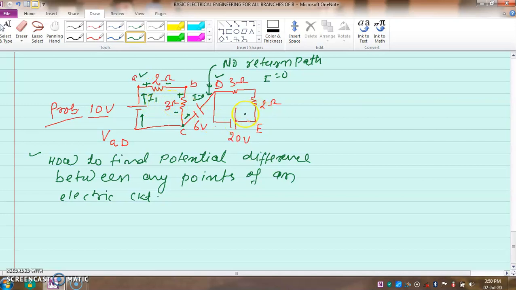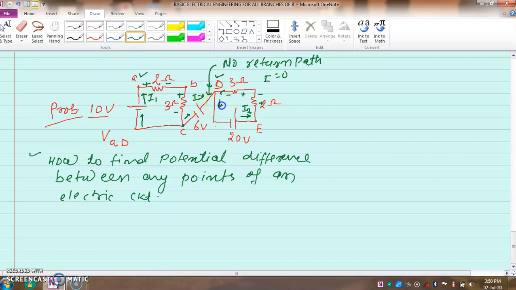Now you come to this one. Again positive is here, so current will flow from here. Let it be I2. I2 will come here. So positive will be here, negative will be here, positive here, negative here. Again I2 will come here. None of the I2 will go here, because for this I2 also there is no return path, so current will not go here.